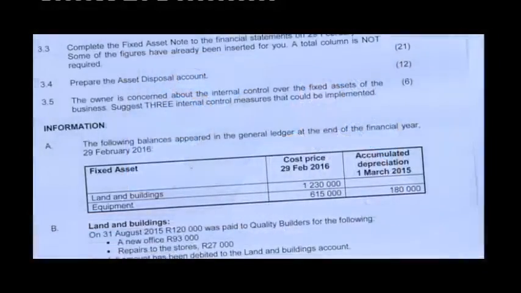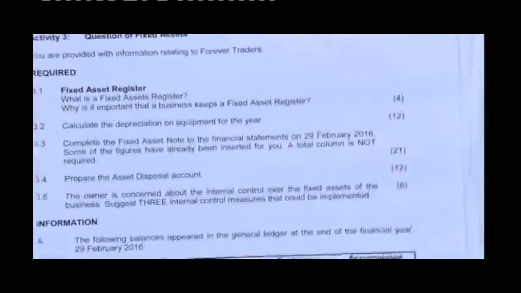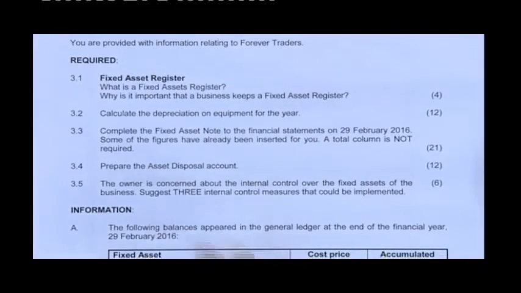Okay, the second part that we have to deal with now is all about fixed assets. So that will be activity number 3 in your answer book, which would be all about the question on fixed assets. Okay, so we've got the fixed assets over there.